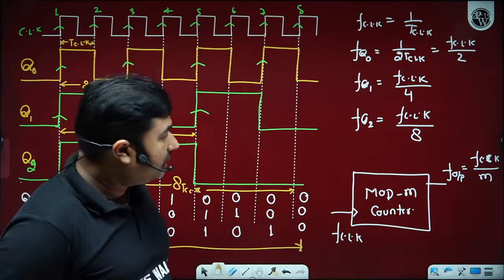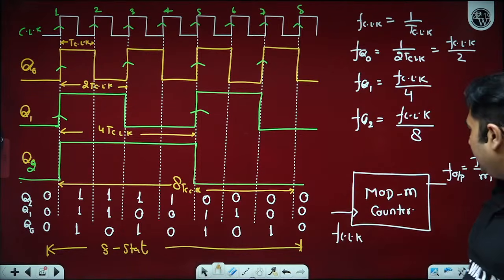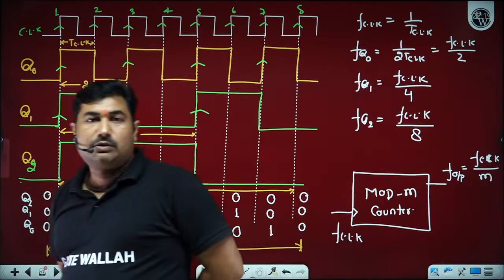For a mod 8 counter, it would become FCLK by 8. For a mod M counter, it will become FCLK by M. Hoping all of you are able to understand this.